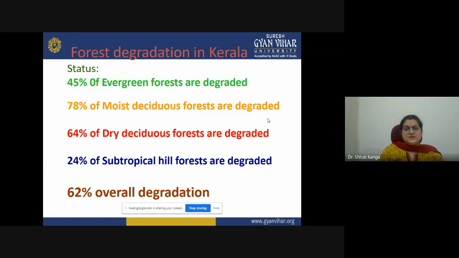Now if you see the status of forest degradation in Kerala, 45% of evergreen forests are degraded, and 78% of the moist deciduous forests are too. This is as per the case study. I have done nothing, I am just trying to show you the different things which people have done in their studies. All these things, with more modifications, you can also do in your coming dissertations or studies.